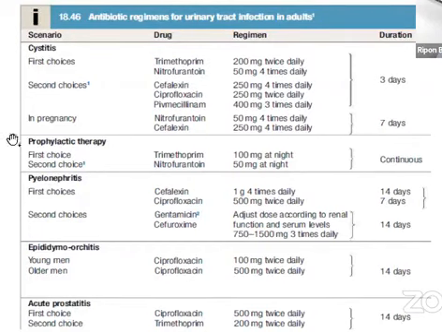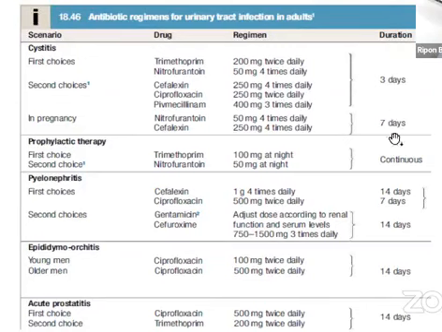If they suspect pyelonephritis, the first choice is cephalexin or ciprofloxacin. If it is epididymo-orchitis, they give ciprofloxacin in both young and older men. In acute prostatitis, the first choice is ciprofloxacin, and these are the second choice.